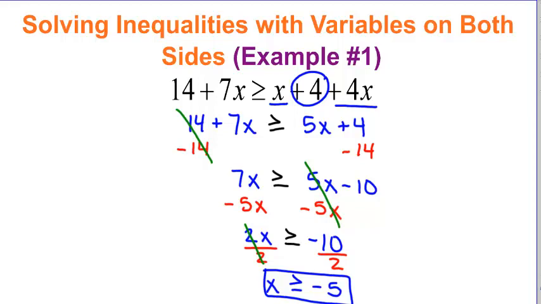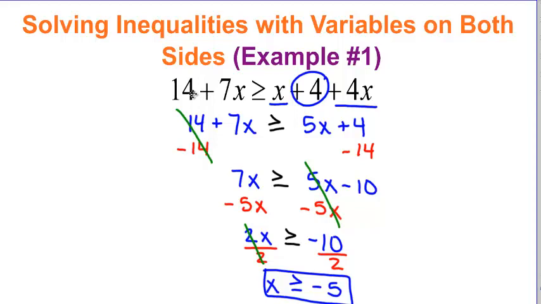Now, first example of solving inequalities with variables on both sides. This is absolutely the same as when we solved equations with variables on both sides, except for this time it's just an inequality. So if we have 14 plus 7x is greater than or equal to x plus 4 plus 4x, our first step is to look and see if we can combine like terms on either side.